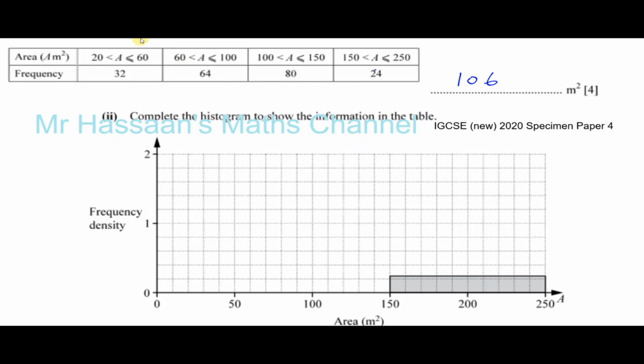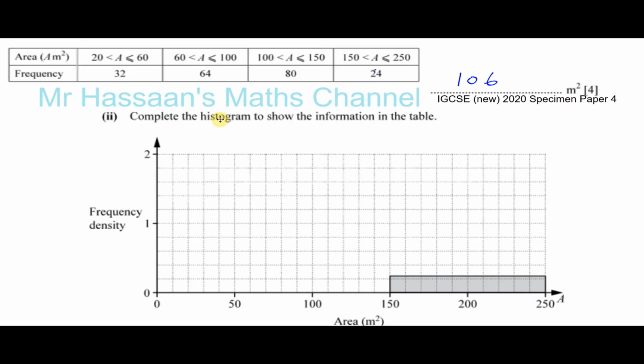So there's a histogram, and here's the table. So we're going to have to draw this histogram which represents the data in the table. Okay, now a histogram is different from a bar chart. A bar chart, what it does is you just put the frequency on the y-axis, and the height of the bar represents the frequency of the data.